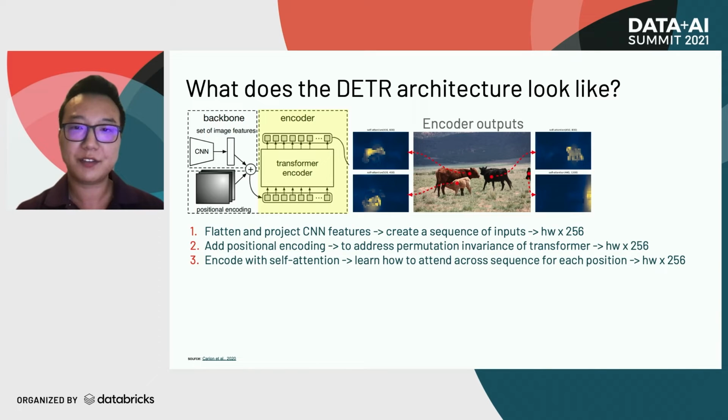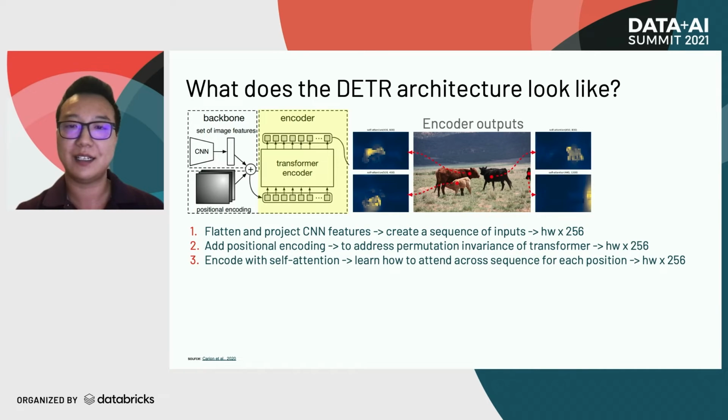And if you're not familiar with transformers, you can think of the encoder portion as basically learning how to attend across sequences for each position of the sequence. So if we look at the outputs here, we have an image of cows, and for each of the pixels, we're showing what the attention mask looks like.